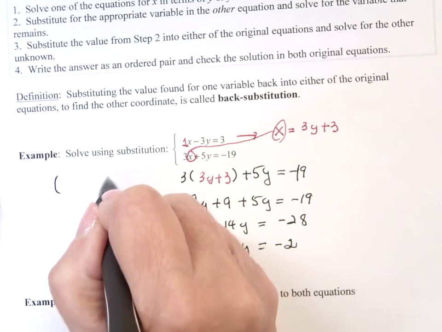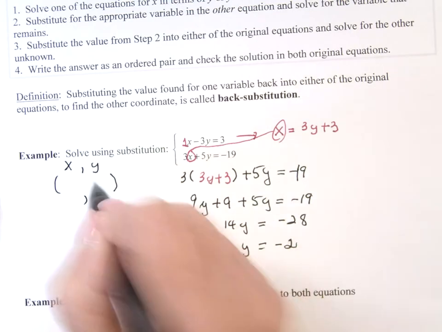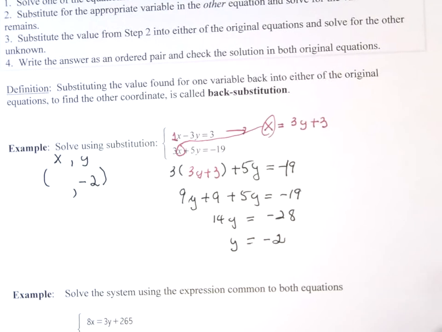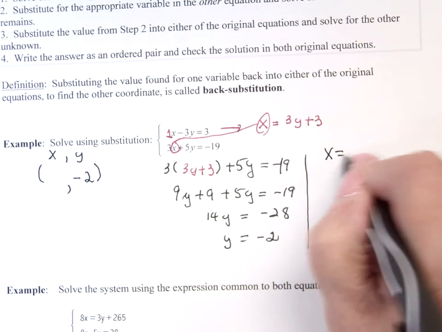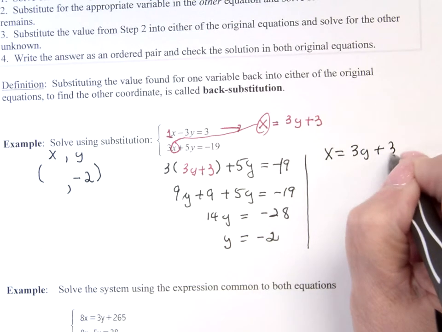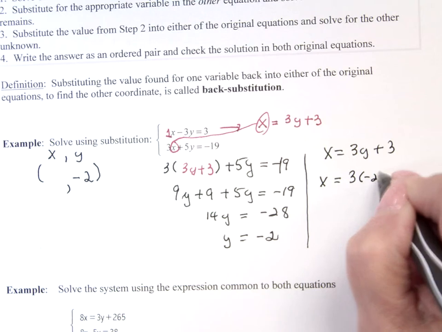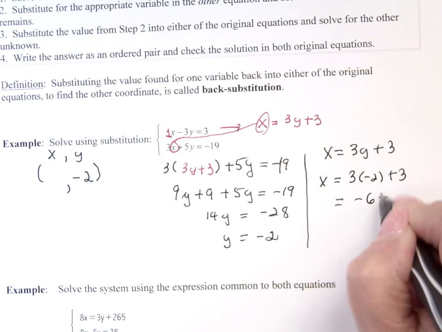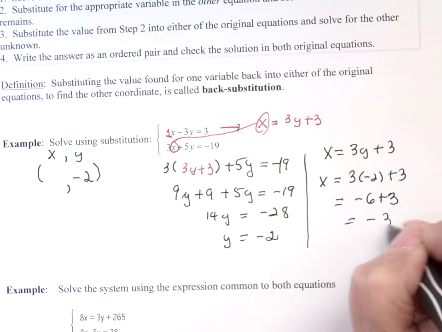So if I'm looking at a coordinate point, x comma y, y is -2. Now to find x, I know that x equals 3y plus 3, or x equals 3 times -2 plus 3, which is -6 plus 3, or -3.